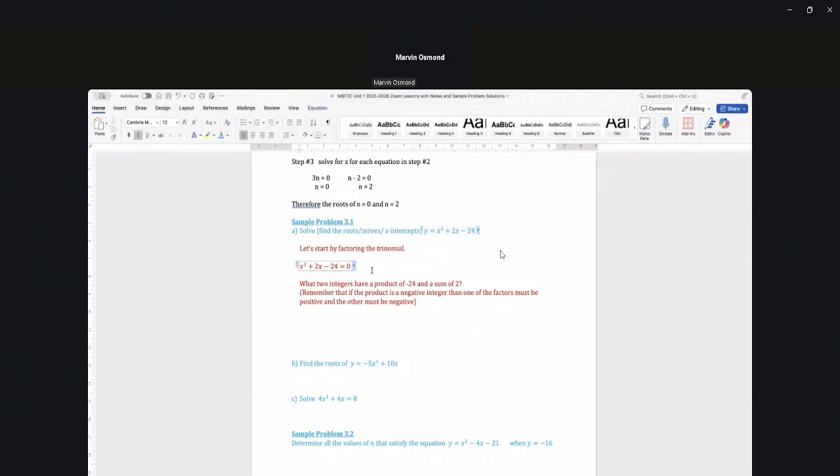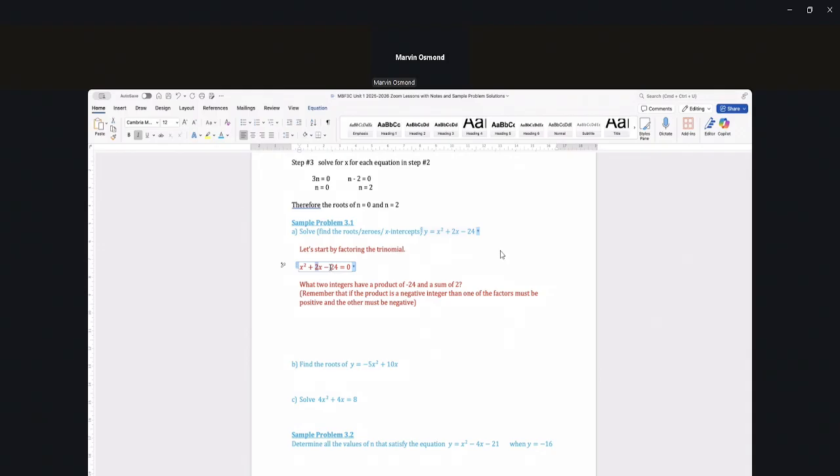So now in order to solve that, we have to factor. So when we factor, we're looking at two integers that have a product of -24. So that means we're going to multiply two numbers to get -24. And the sum will be the middle term, which is +2. So I need two numbers to multiply to give me -24, add together to give me +2.